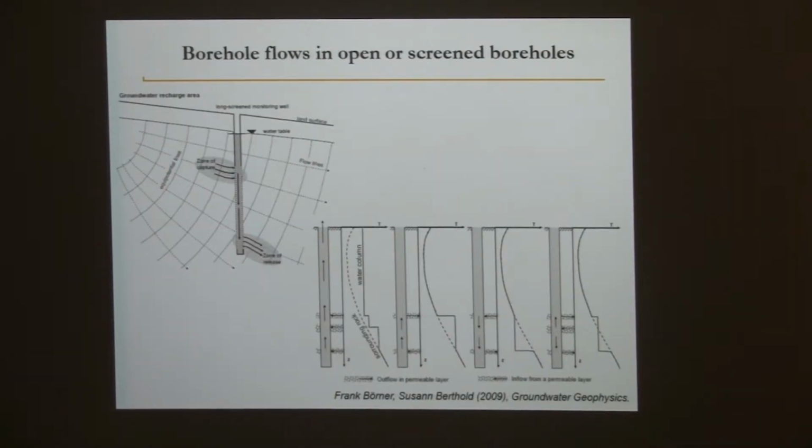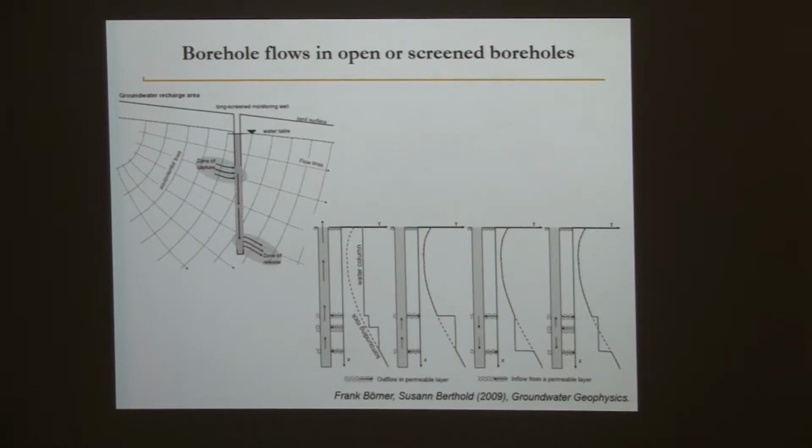But we can also use it at small scale, for instance, to infer groundwater flow in a borehole. Typically, when you have a long-screen or open borehole, you do not expect the hydraulic head to be exactly the same at all depths, because you are either in a recharge area or in a discharge area.